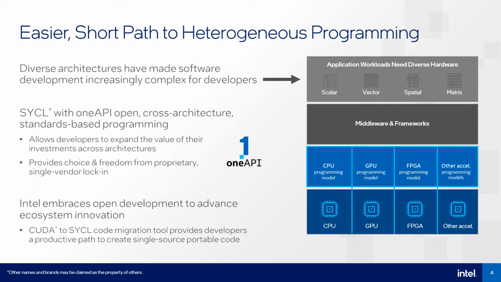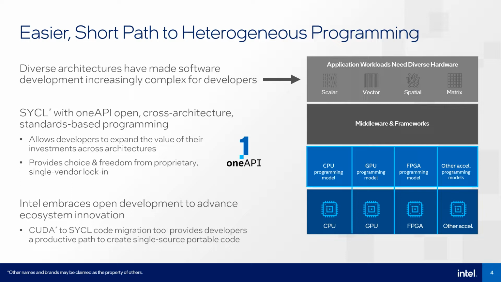While hardware innovation has led to a diverse, heterogeneous architecture landscape for computing, software development has become increasingly complex and difficult to take full advantage of CPUs and accelerators. Developers are looking for open alternatives that improve time to value, and Intel is providing an easy, short pathway to competitive hardware choice.